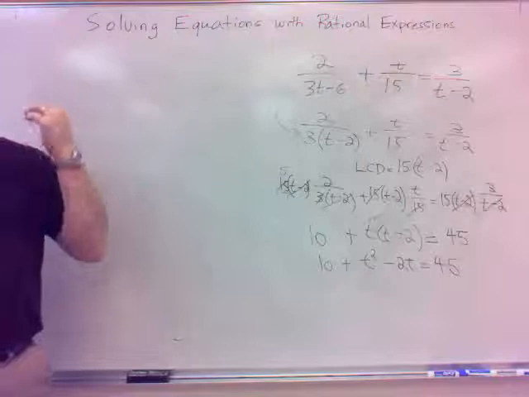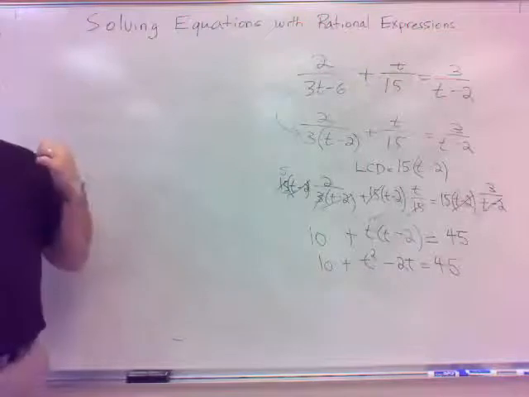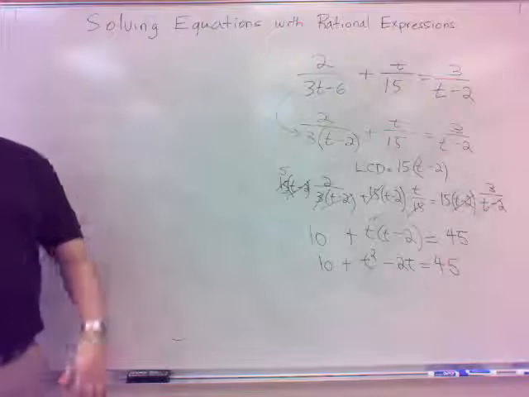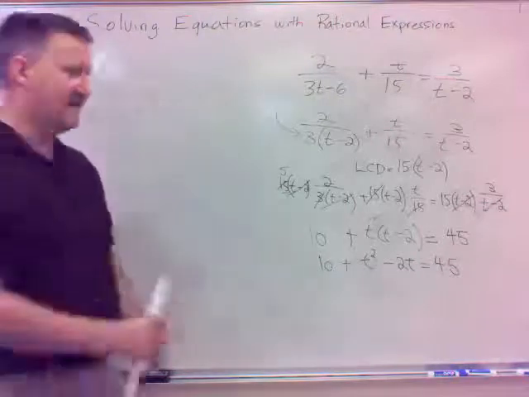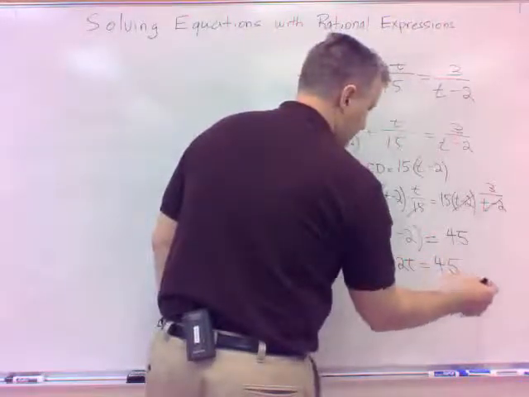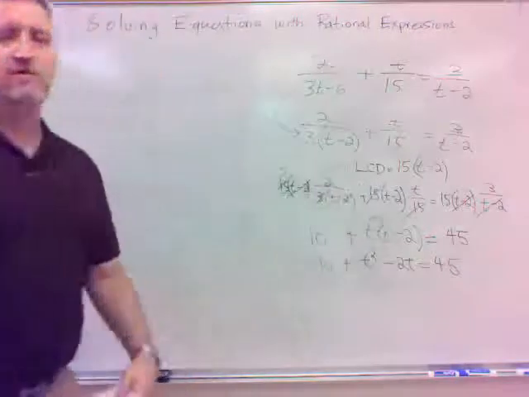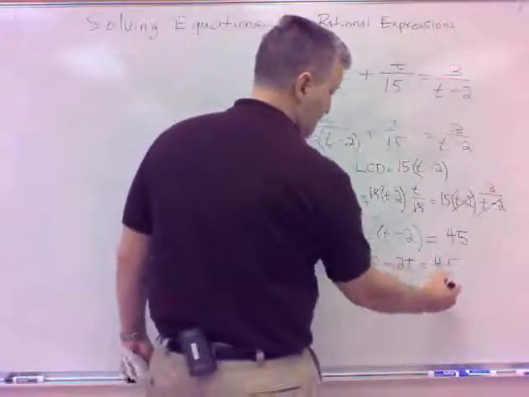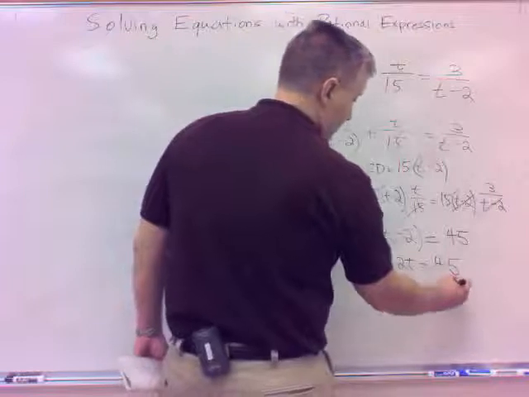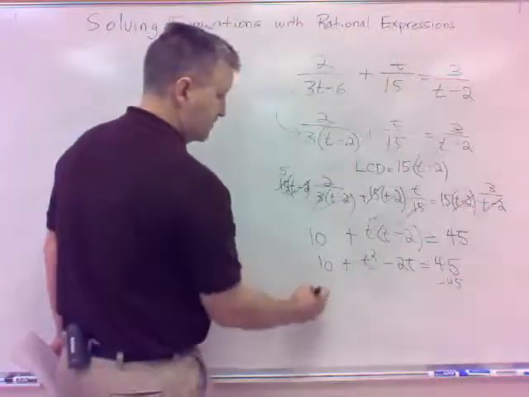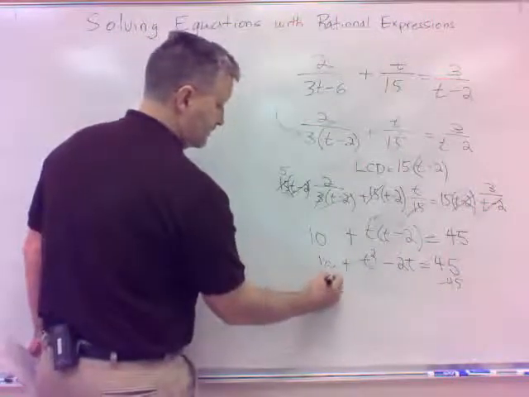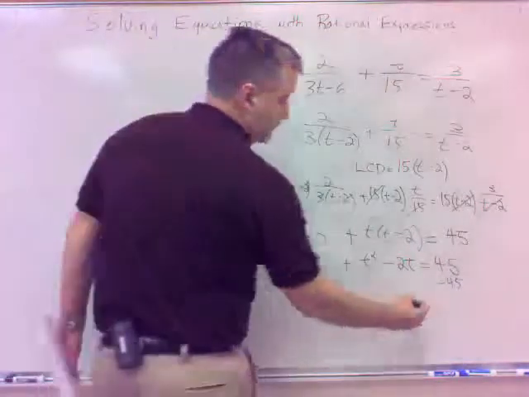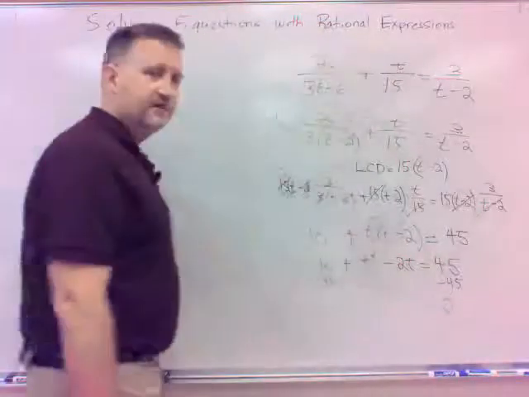In using factoring, remember, to solve one like this, what do you need? You have to have one side be 0. So I'm going to make one side 0 and then factor to solve. Obviously we're going to make the right side 0. That's going to be minus 45, and that's going to go right here with the 10. So the right side is 0.